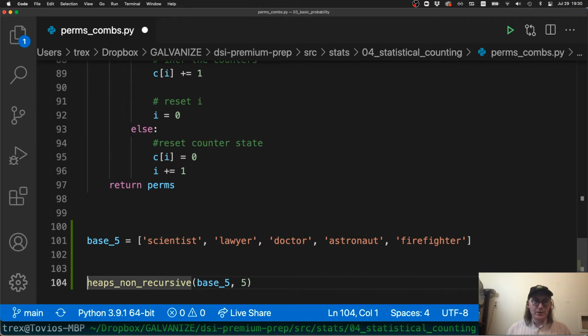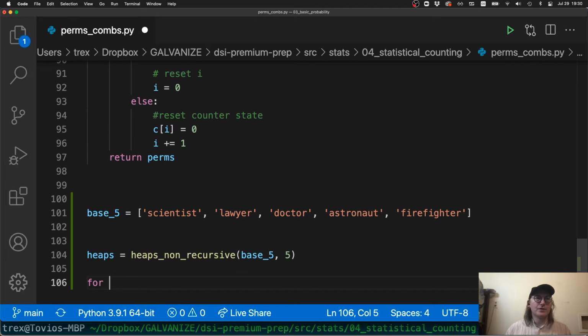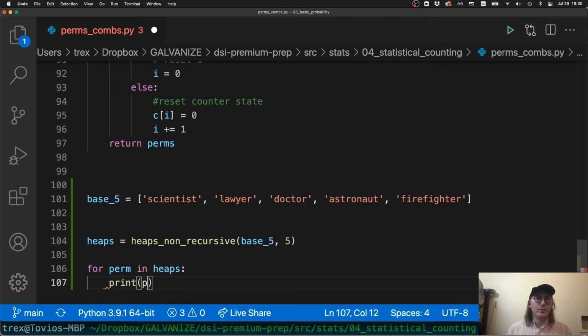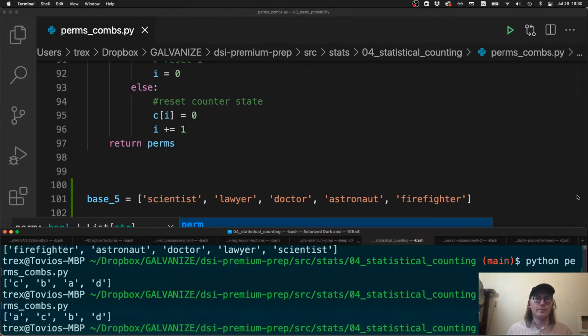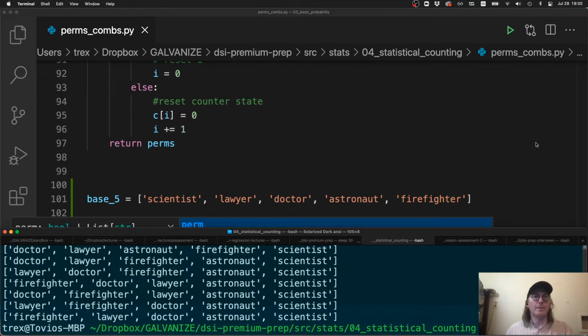And let's get these out into, I'll just call this heaps. And so I'll say for perm in heaps, let's print that permutation.